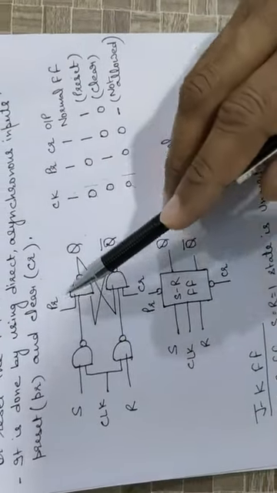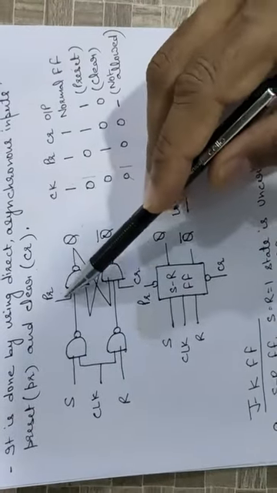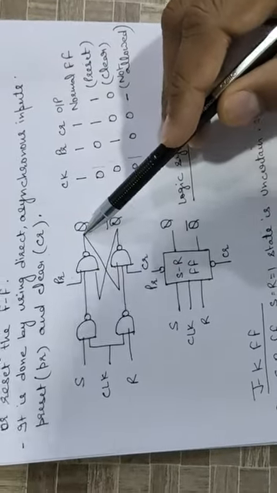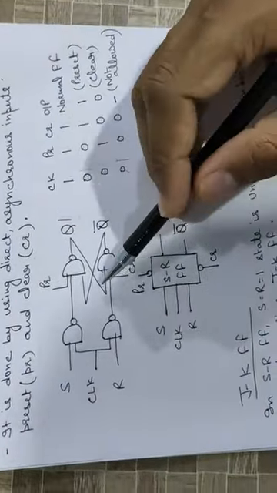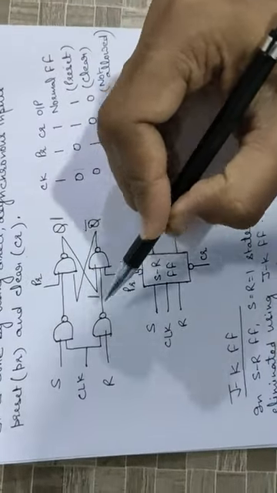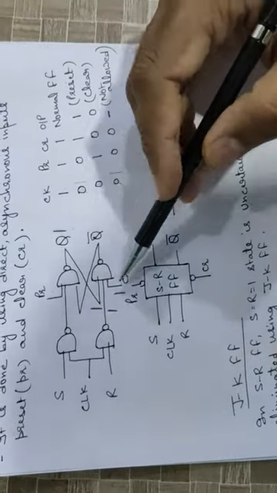So initially I will provide the value of preset as 0 and clear as 1. If preset is 0, as I told you, if one of the inputs is 0, the output will always be 1. So this output will be 1. Now it goes back as an input with a value of 1. Clear is also 1. Because the value of clock is 0, I get the third output as 1 also.